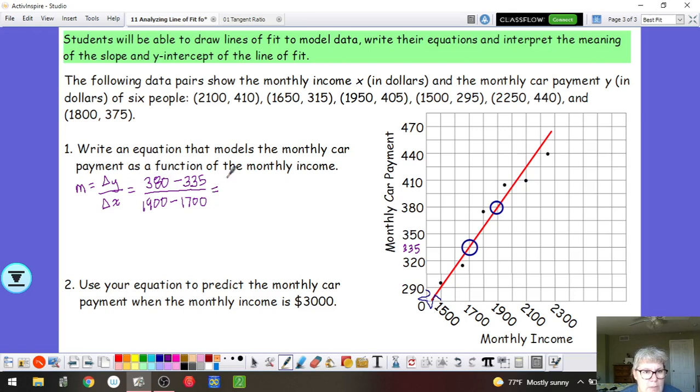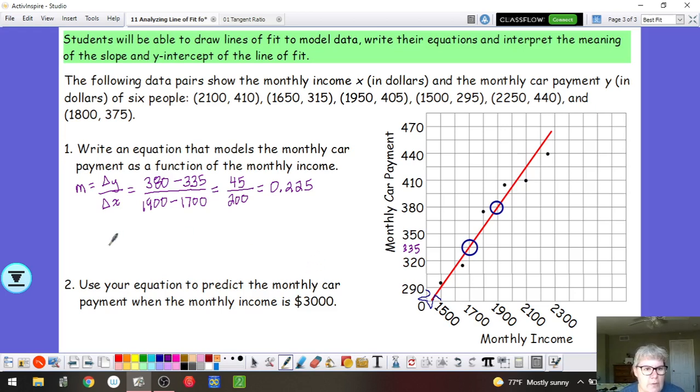So our car payment increases $45 for every $200. Now let's convert that to a decimal. Grab my calculator here and I divide 45 by 200, and I get 22.5 cents. So 0.225 is what it's increasing for every dollar increase in monthly income.